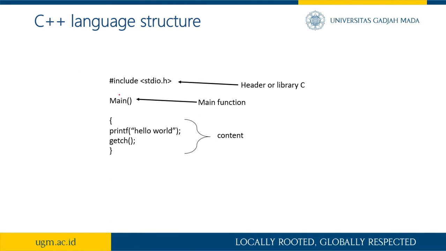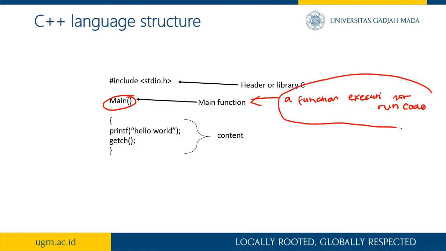And then the next section, this is the main function. The main function is a function that will be executed at the first time the code runs. So a code will only be executed if the computer finds this phrase or this command.